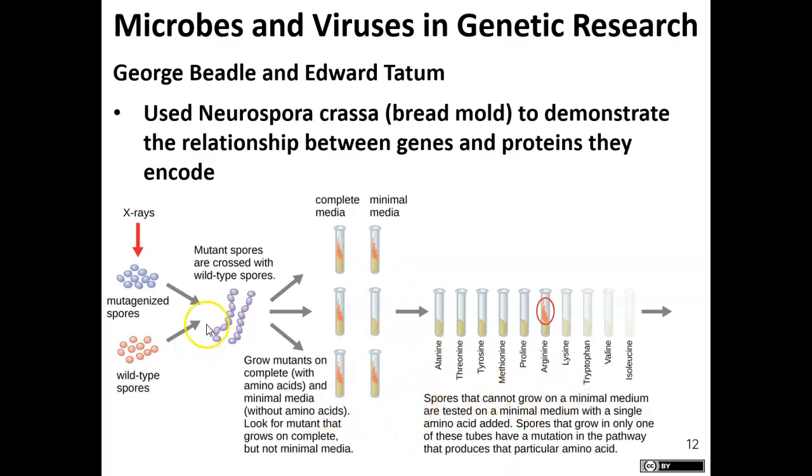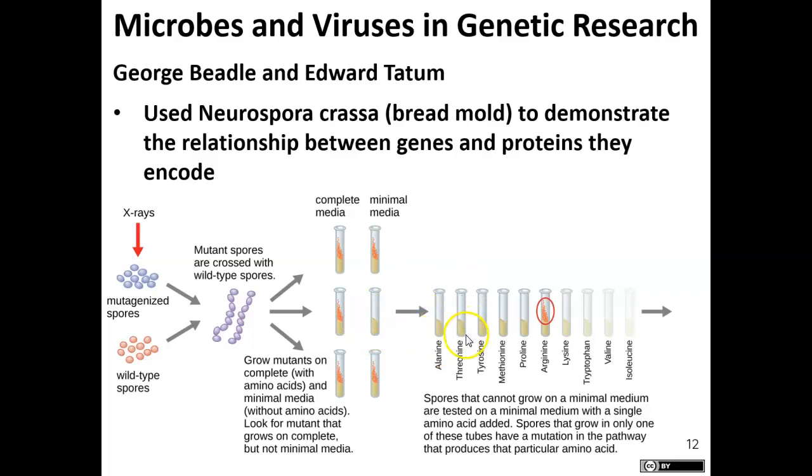Whereas another mutant might grow in a complex media, but not in a media that does not contain alanine. And so since they knew, okay, it's not growing in this media, or it's growing here, but it's not growing here, let's just add alanine and see what happens.